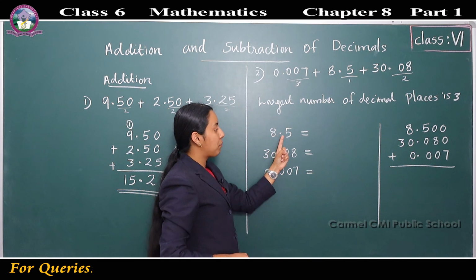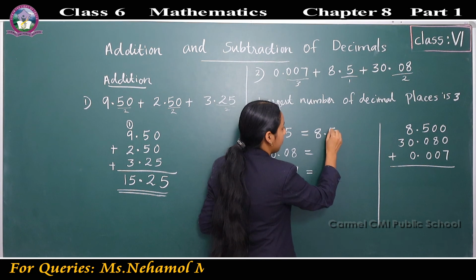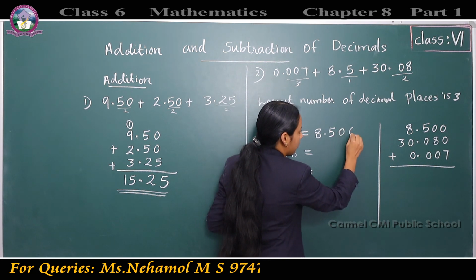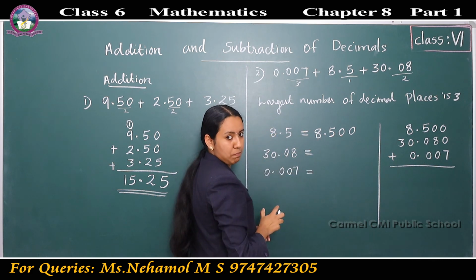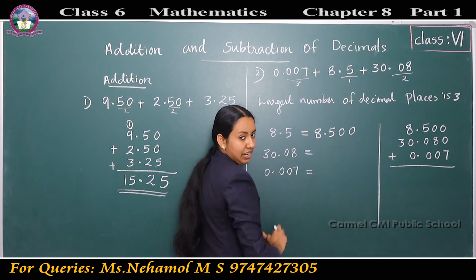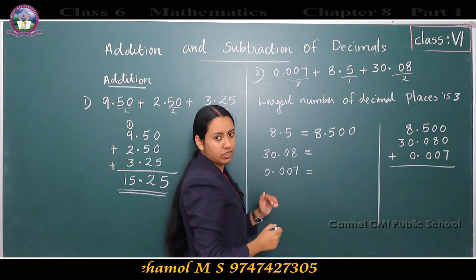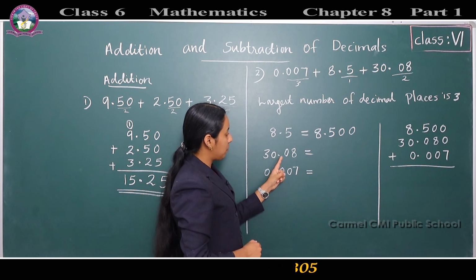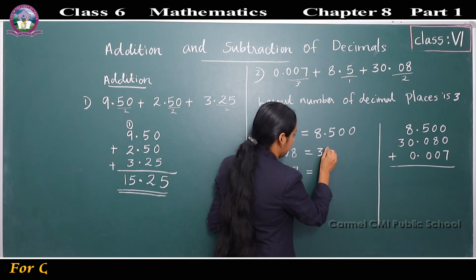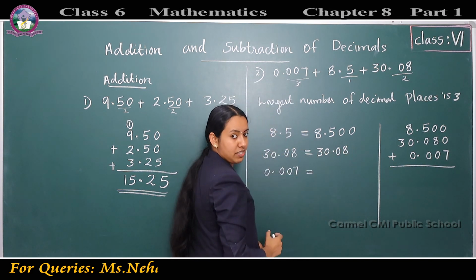So 8.5 will become 8.500. To make 3 decimal places, add zeros at last. 1, 2, 3. Now 3 decimal places are there. What about the next number? 30.08. 2 decimal places are there.